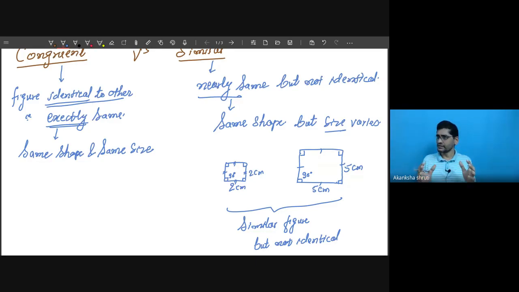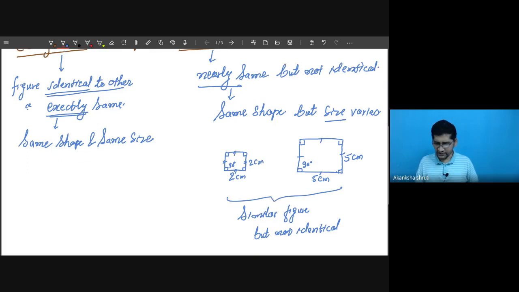But if you take one tennis ball and another a basketball, you will observe that both have the same shape, both are spheres, but size wise they differ. One is smaller, the other is bigger. So all these spheres are similar but they are not identical.